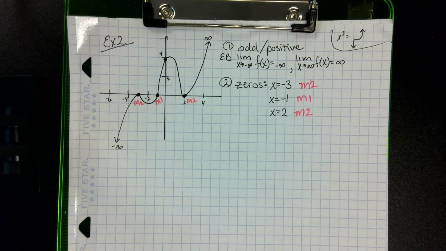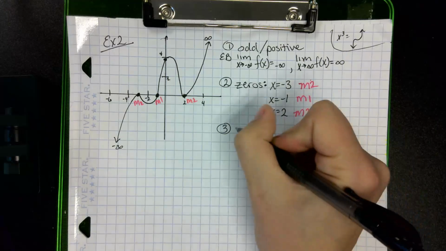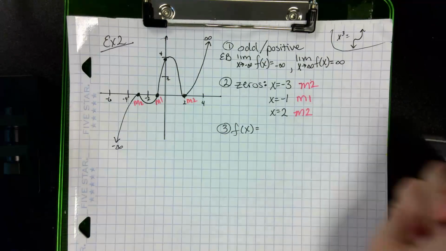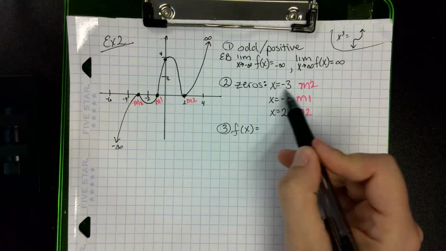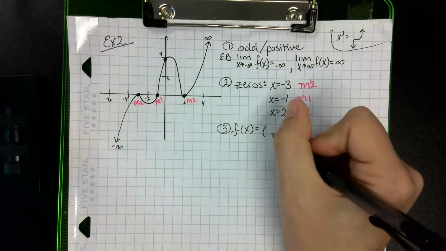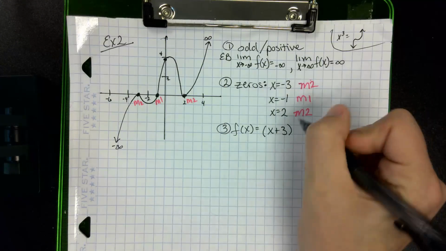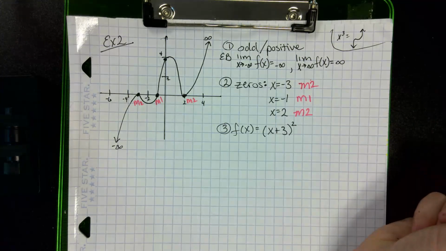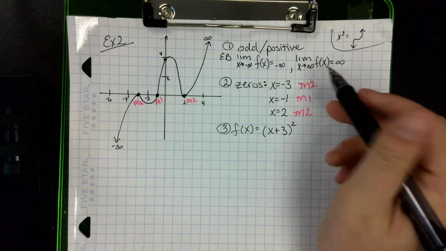So then when I want to write my function, f of x equals, I take my zeros and I write them as factors. So x equals negative 3 is the factor x plus 3. And that is an M2, so I know it needs to be squared. And then I have the factor x plus 1.